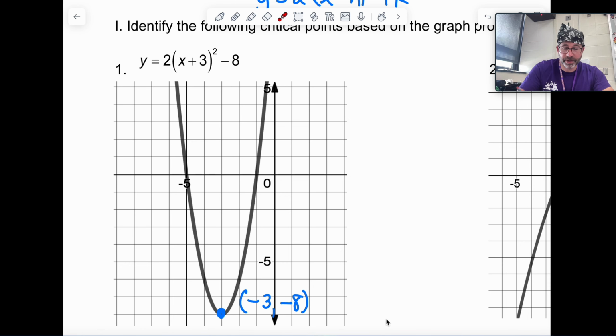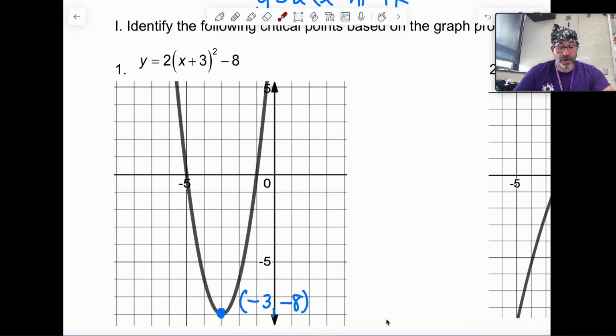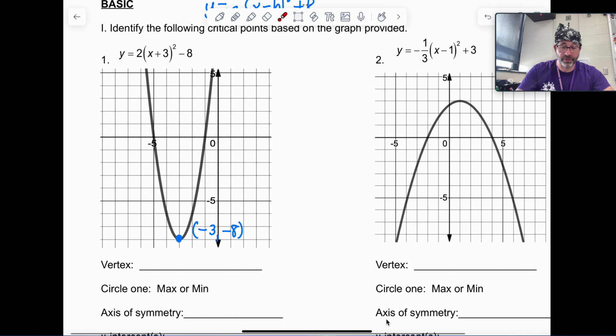Now look at the similarities between this point that we just wrote and the coordinate that's listed up here. That negative 8 is the exact same value, but that 3 is the exact opposite value. And that's our vertex. That's all we need to pull from this when we have the vertex form. So my vertex for this is at negative 3, negative 8. It's at the bottom, so it's a minimum.